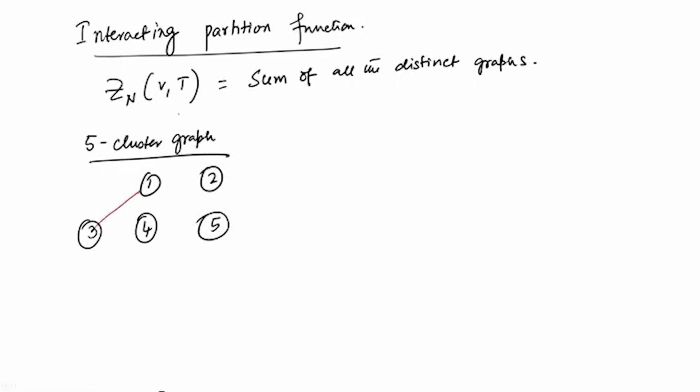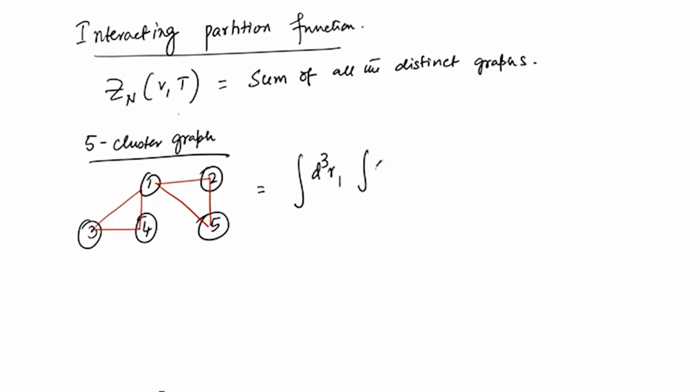So, there is 1 4 and 3 4 and 1 2 and 1 5 and 2 5. Okay. So, this is a 5 cluster graph which can be written in terms of the expansion in terms of these f functions.